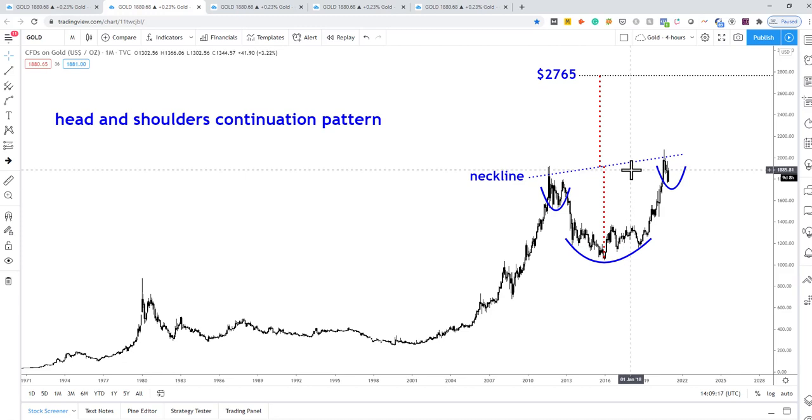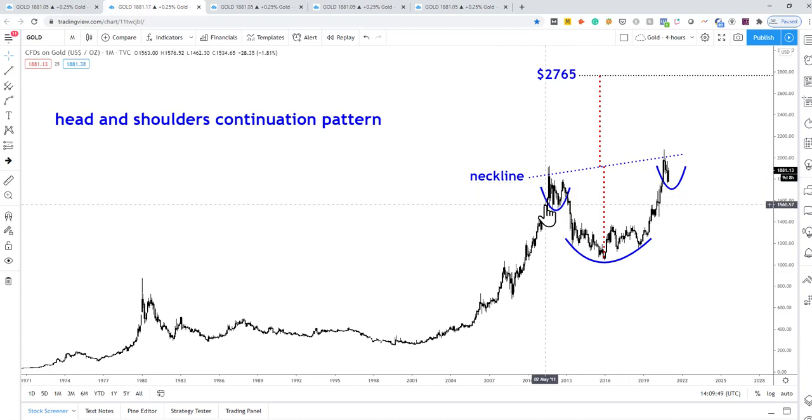Probably every technical analyst is going to draw the neckline of a head and shoulders pattern differently. I chose to draw it here. I prefer to leave the whiskers or tails outside of support and resistance lines, and of course we're assuming this neckline is, in this case, a resistance level.